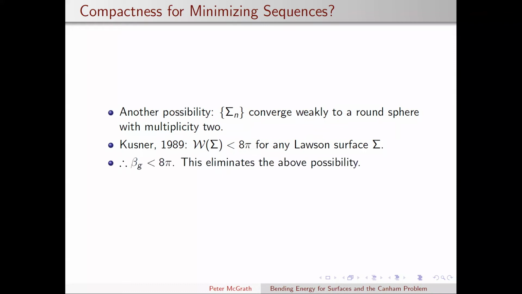This means that you can never see in the limit a sphere with multiplicity 2, because the infimum is strictly less than 8 pi. So this possibility I described can't happen. So that's great. This is a very, very simplified exposition of the story behind the proof by Leon Simon and Bauer-Kuber. There are many, many more technical issues I'm not discussing here.